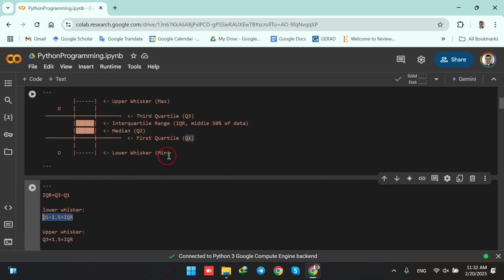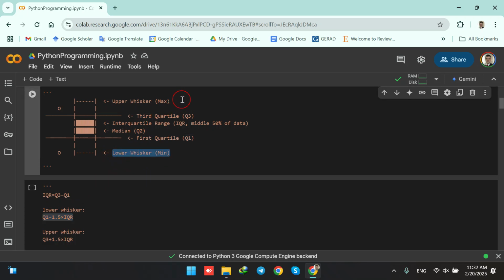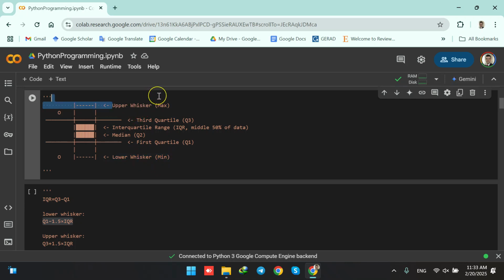We have the lower whisker here and the upper whisker here. So anything that falls below the lower whisker is our outlier. And anything that is above this upper whisker is again our outlier. So anything that is unusually far from the dataset. This way we are going to understand the outliers.